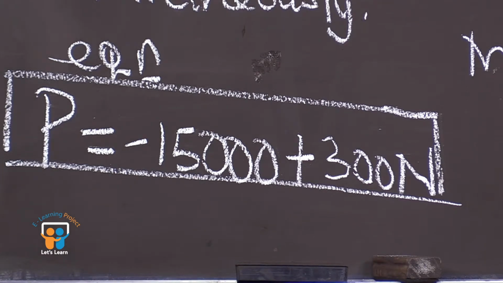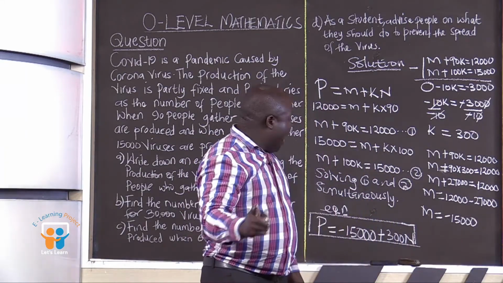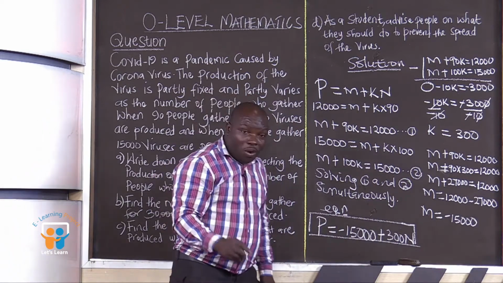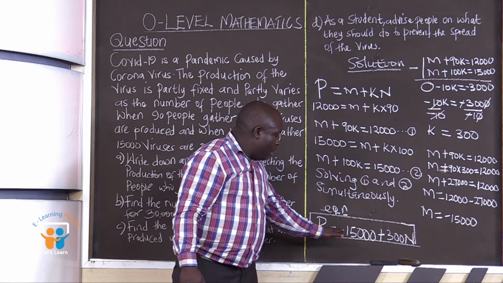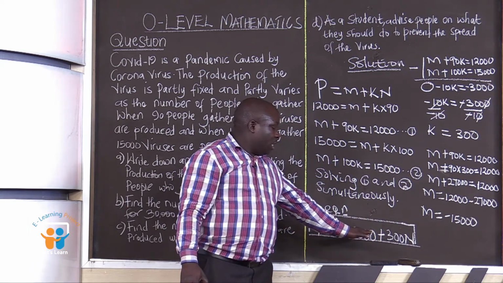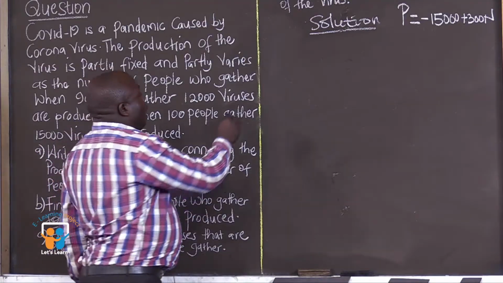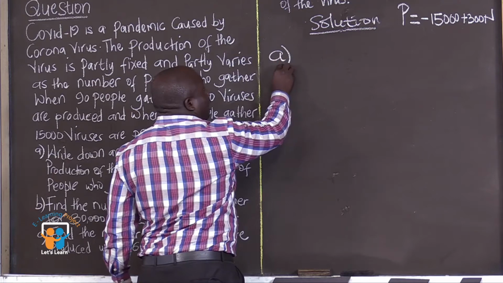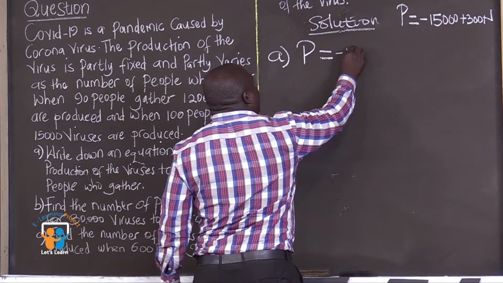The equation connecting the production of the virus to the number of people is P equals negative 15,000 plus 300 N.